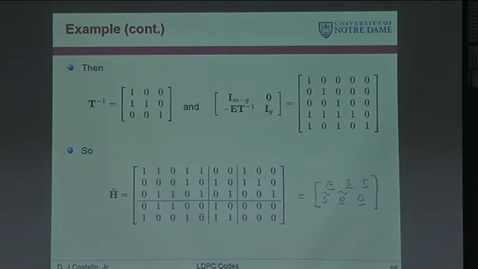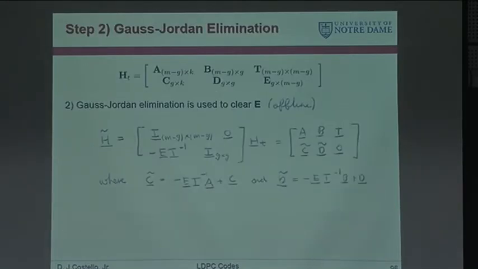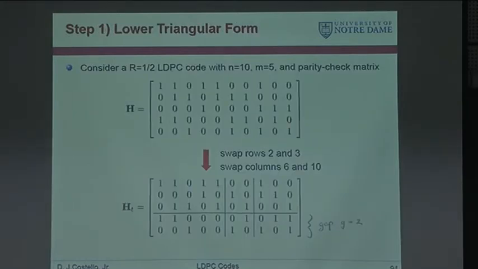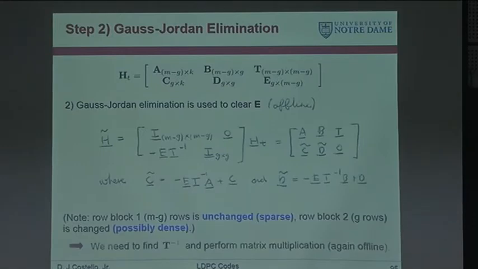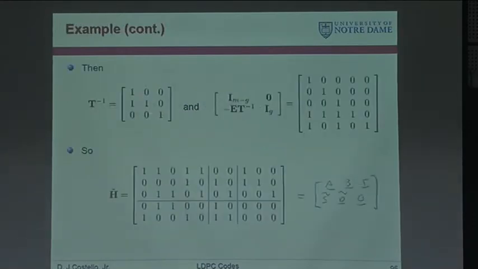To get this, we'd have to take our E from the previous version of the H matrix, which is this 2 by 3, and multiply it by T inverse, which is this 3 by 3, and we get a 2 by 3. I'm not going to go through the calculations here, but this E T inverse is the lower 2 by 3 matrix in this bigger matrix.